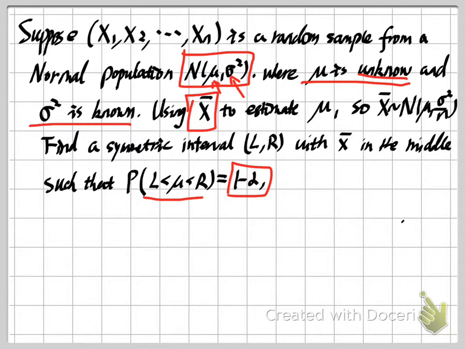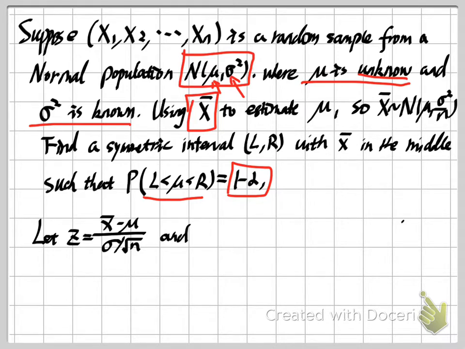Because we don't know the true value of our population mean, what we will do is use the sample mean x bar to estimate this one, right? So the previous inequality becomes L is smaller than x bar is smaller than R. When we standardize our normal distribution, we define Z equal to x bar minus mu divided by the standard deviation, sigma over square root of n.